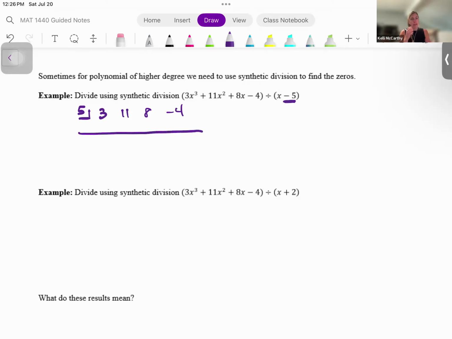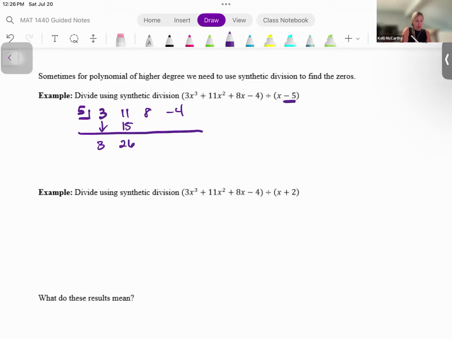Another reminder, if you're missing a term in your polynomial, so what we're talking about is x cubed, x squared, x, constant, if you're missing one of those terms, you do need to have a placeholder. We don't need one in this case. We bring down that first coefficient, and then we multiply 3 times 5 is 15. And then we add vertically. 11 plus 15 is 26.